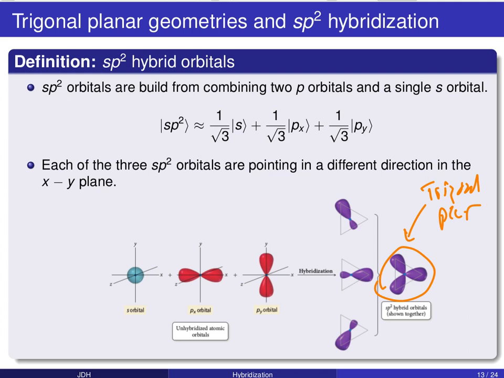And I want you to notice that because we're adding together an s, a px, and a py, this triangle is lying in that XY plane. You could, of course, carry this out combining px and pz. In that case, the triangle would be in the XZ plane, right? Energetically equivalent. It's really arbitrary how you want to define your axis system.